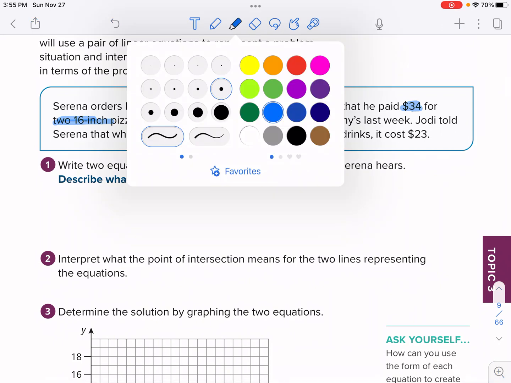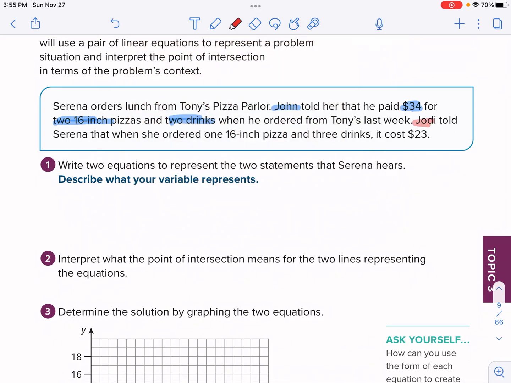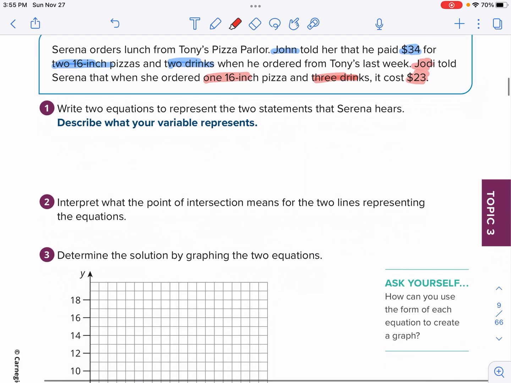And then this other person, Jody, told Serena that she ordered one 16-inch pizza and 3 drinks, and it cost $23. So one 16-inch pizza, 3 drinks, cost $23. Okay, right. So it's more expensive for John because he purchased 2 pizzas and 2 drinks.